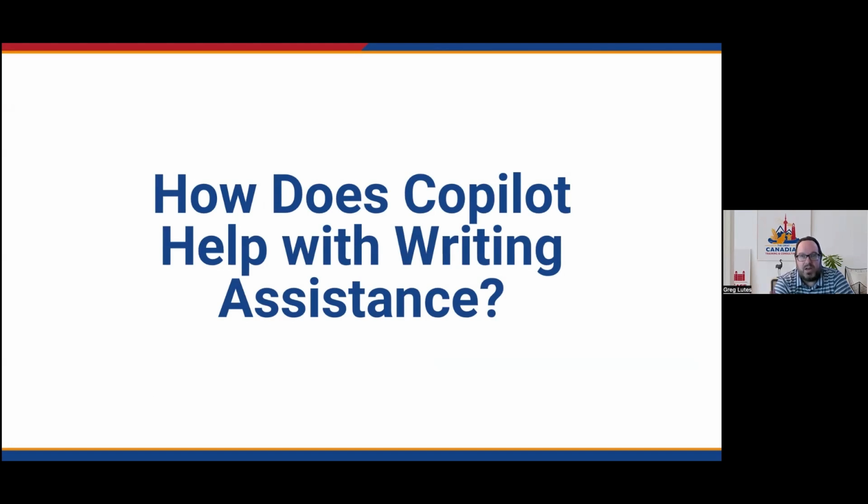It can help you unblock that writer's block that you may have, or help you to generate a summarization of something that you're working with, again, to help better condense the information that you're working with and not have paragraph after paragraph of the same information.